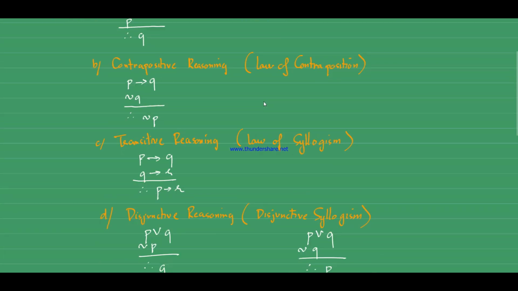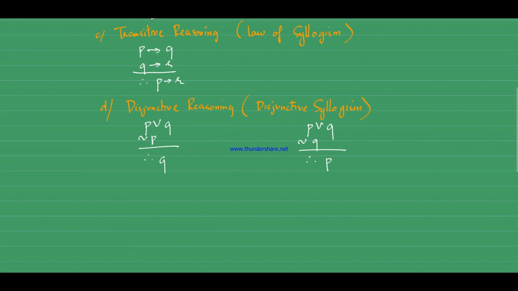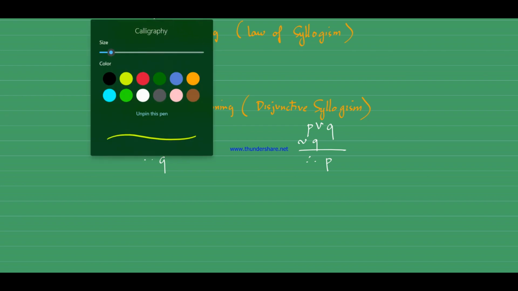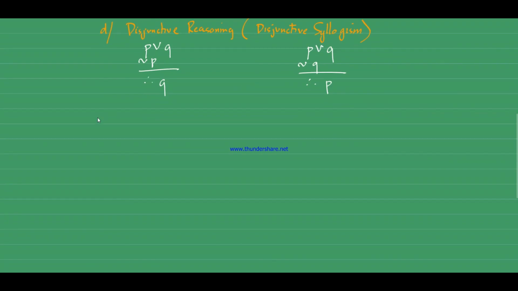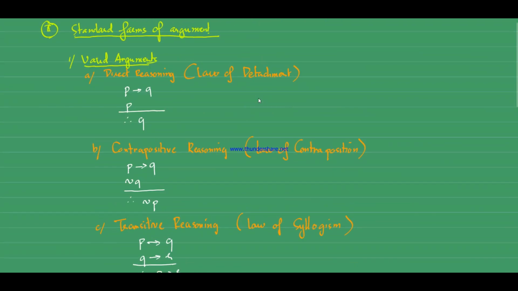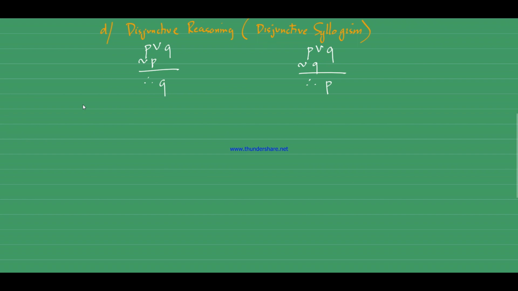Now, the second form of argument is the invalid one. So number two is invalid argument. I have four invalid arguments right here.